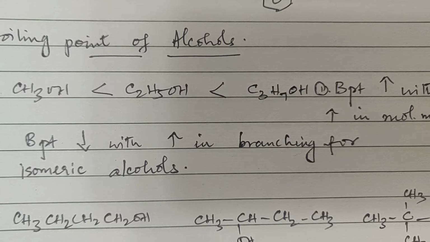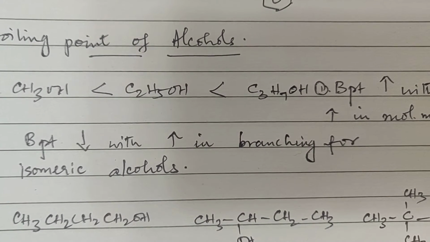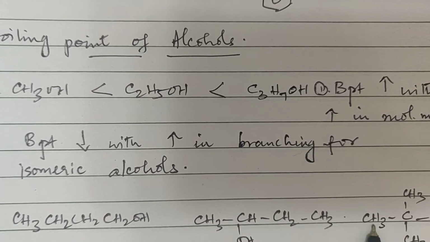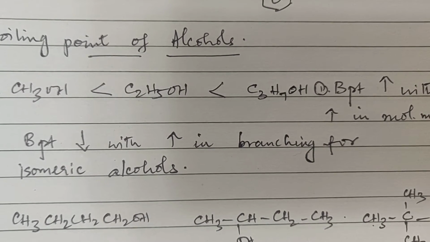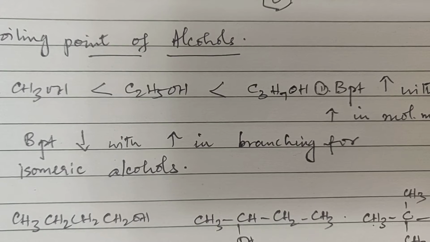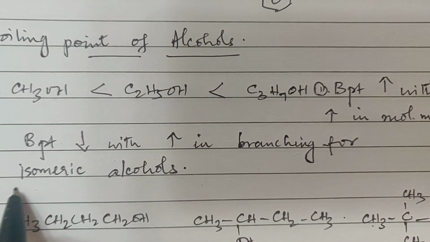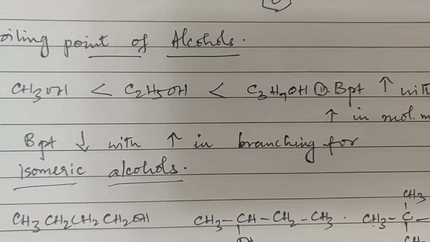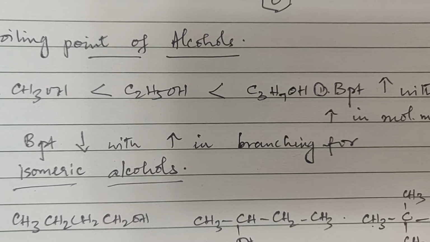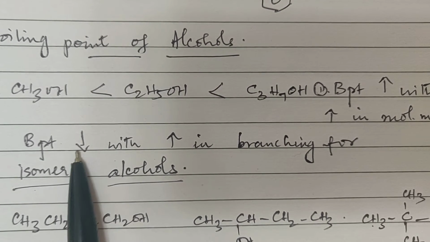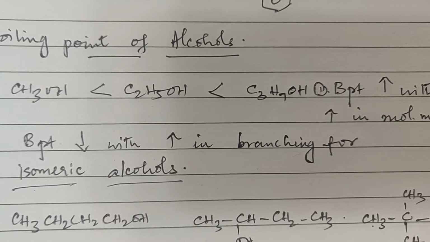Now you will find the number of carbon atoms same in all the three cases. Here also it is 4 in number, here also it is 4 in number, here also it is 4 in number, and the molecular mass is also the same. So these are called isomeric alcohols. They have the same molecular formula but they have different structural formula. So here boiling point decreases with increase in branching.